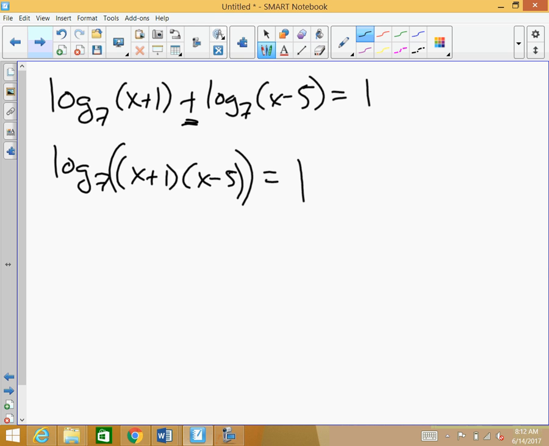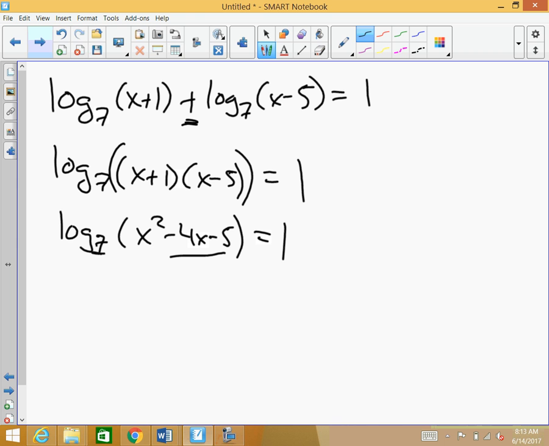So I'm just going to multiply through my quadratic. So I get log_7 and I get x squared minus 4x minus 5. And that's equal to 1. Now, what do I do about this 1? So it's not log_7 1. I can't equate this to the 1. But since I have a base 7, I can go back and use the exponential form to solve it.